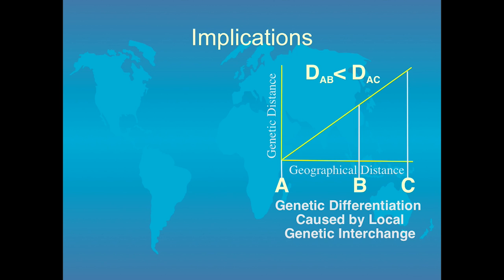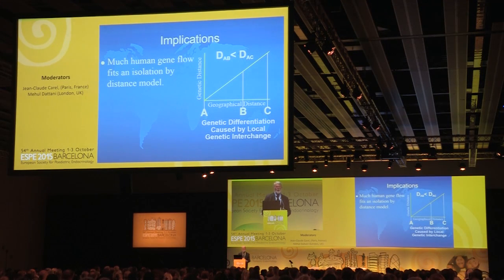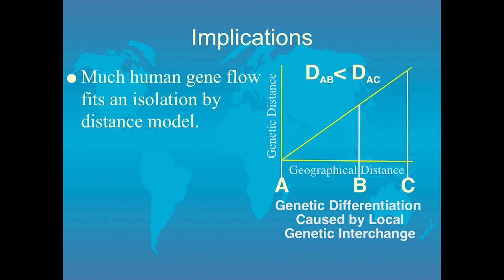And the gene, of course, by replicating, can take many generations to go across that boundary. So, in fact, China and Africa can be united genetically by these stepping stone or isolation by distance models. And in fact, we find that much human gene flow, even today, fits an isolation by distance model.